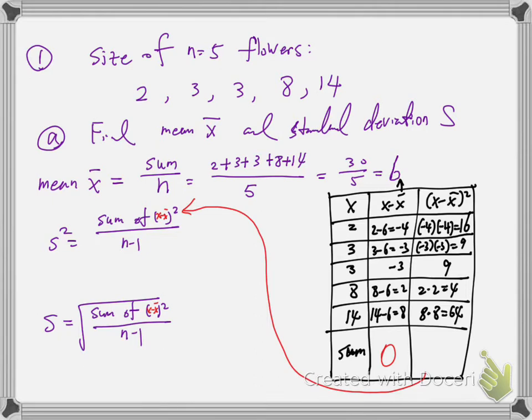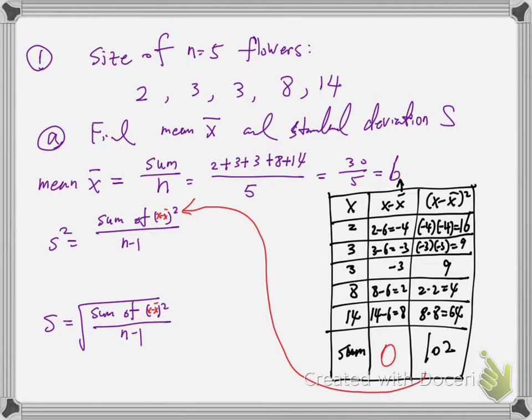Now you add everybody in the last column: 16 plus 9 plus 9 plus 4 plus 64 is 102. You have to show me this table to find the sum of squares.